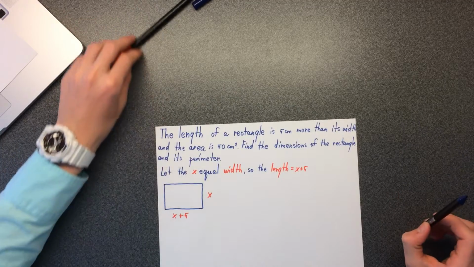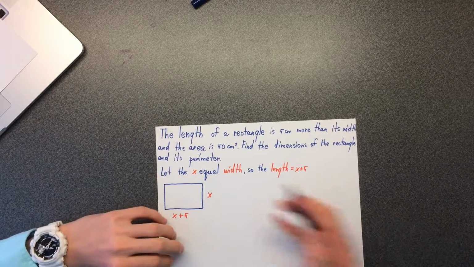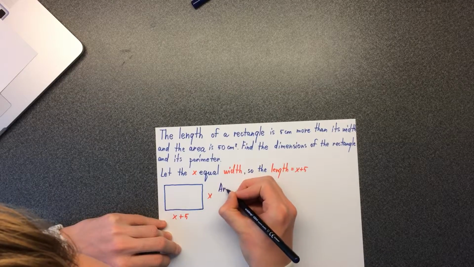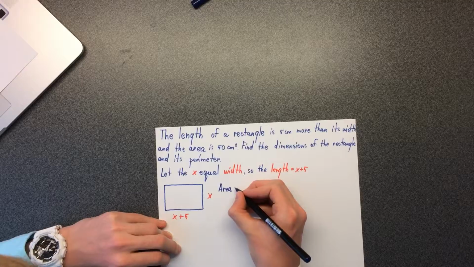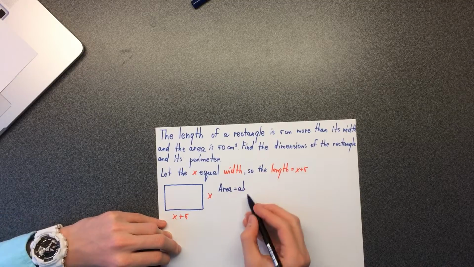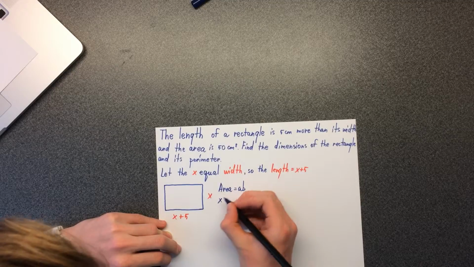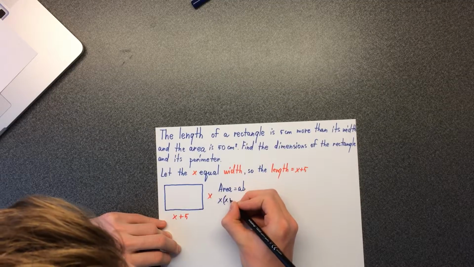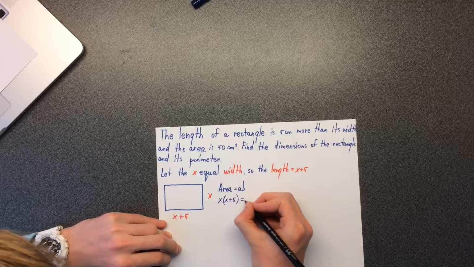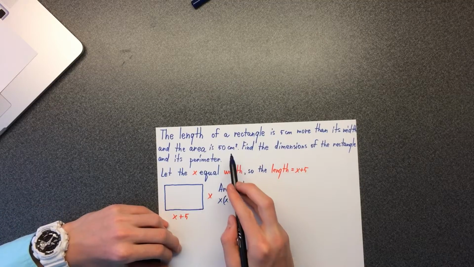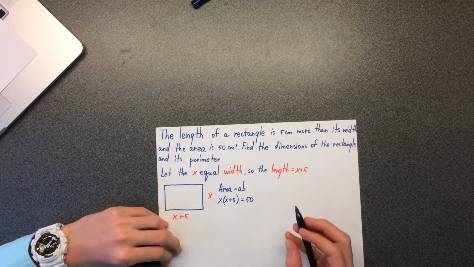Now we can make the equation, and the equation for area is one side multiplied by the other side. So we have one side that is x and the other side that is x plus 5, and all of it equals 50, as we have for the area.